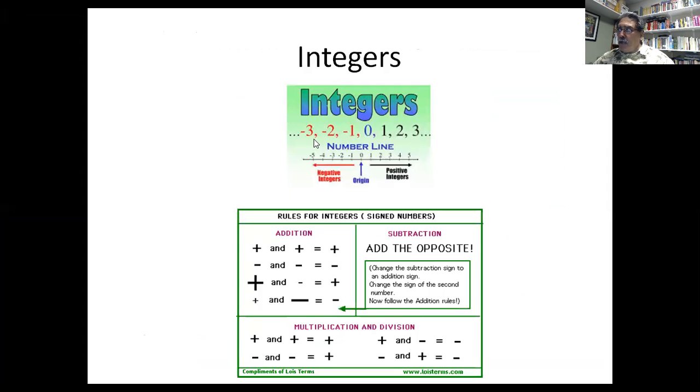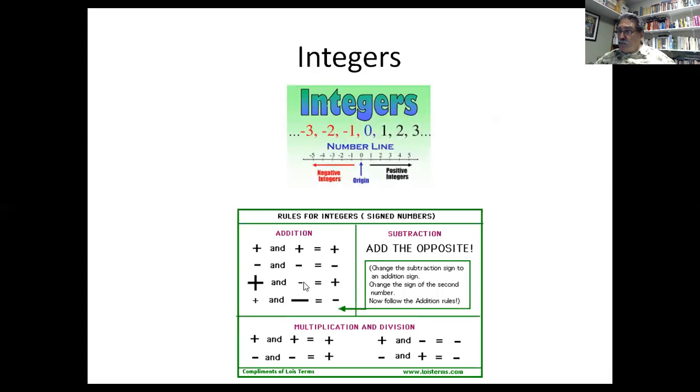If you have the number line, here 0, the origin, 1, 2, 3, 4, 5, minus 1, minus 2, minus 3, minus 4, minus 5, and so on. These are all integers. These are called positive integers. These are called negative integers. If you have two positives added together, it is positive. If we have two negatives added together, the answer is negative. Minus 3 plus minus 4 is minus 7.